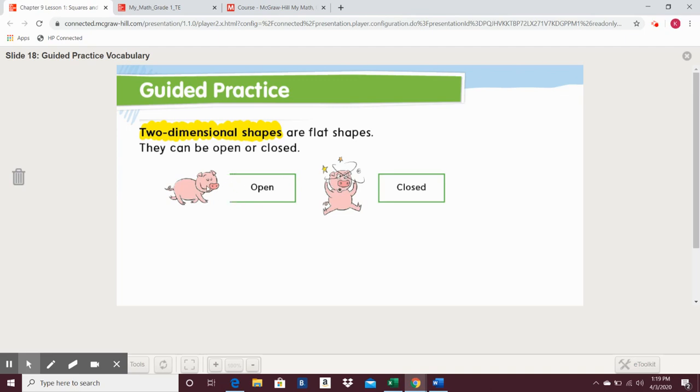So look, the little piggy, if it were a pen, he could go right in. It's an open shape. Right here, all of our sides are connected, so we have a closed shape. If he tried to get in there, he could not because it is a closed shape. So our two-dimensional shapes can be open or they can be closed.